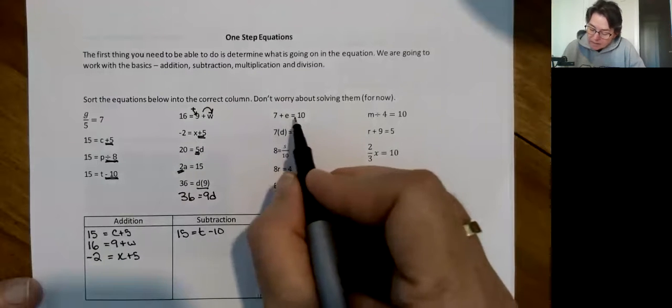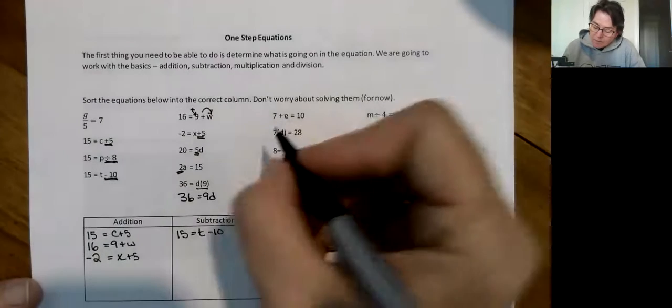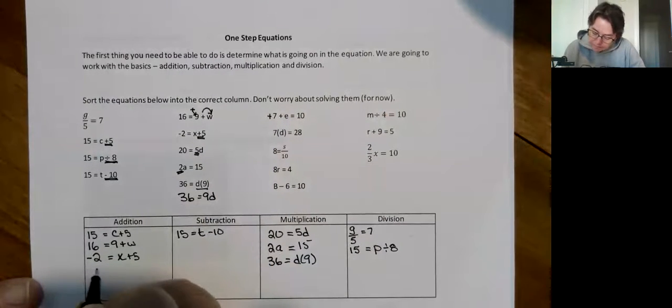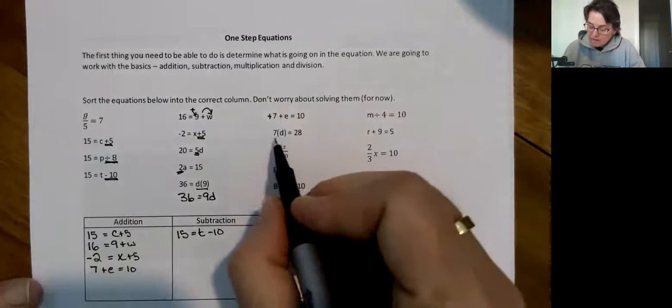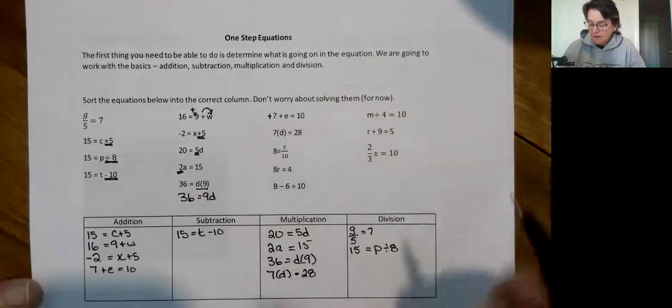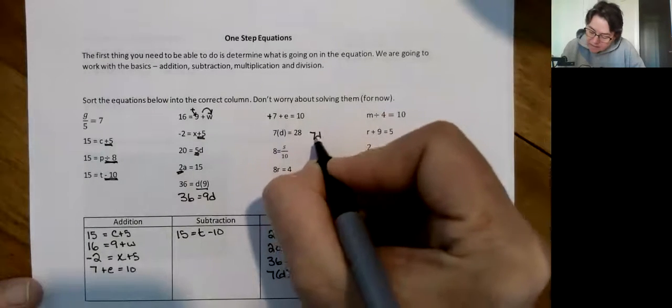All right, 7 plus e is 10. So this is similar to this one, where this is a plus 7 out here. And then we've got 7 times d is 28. And if you're wondering, that is exactly the same as 7d.